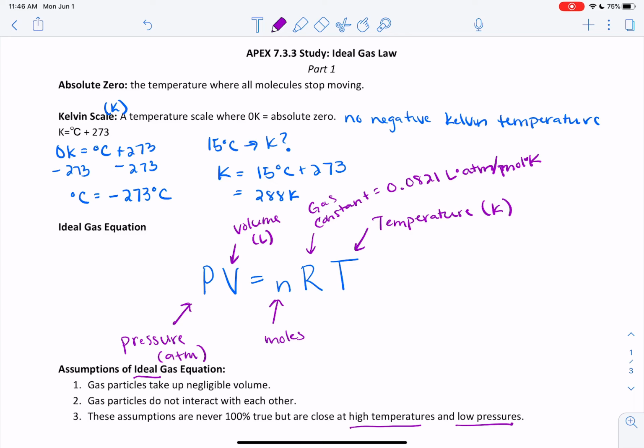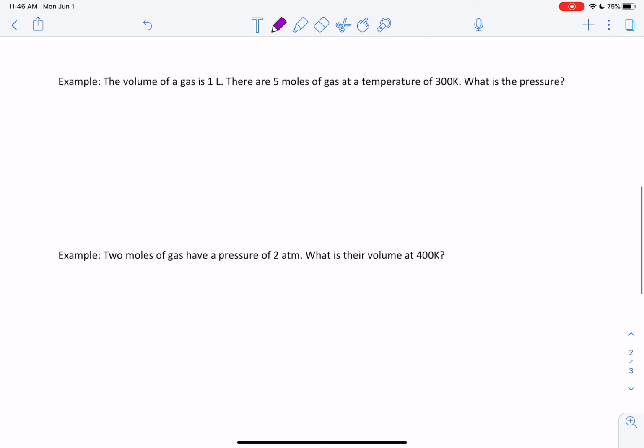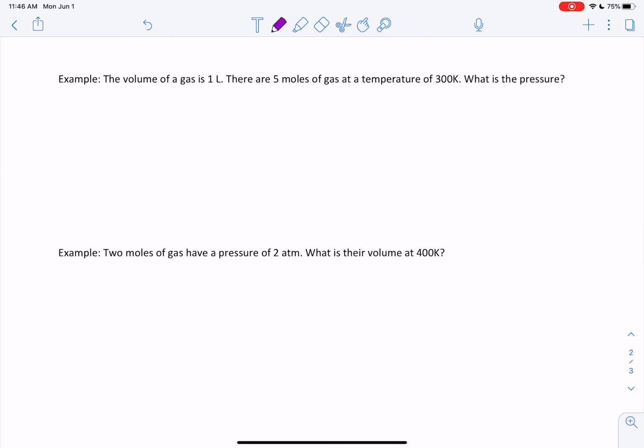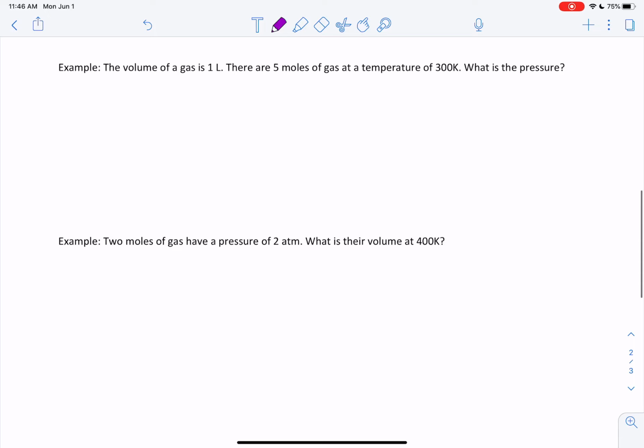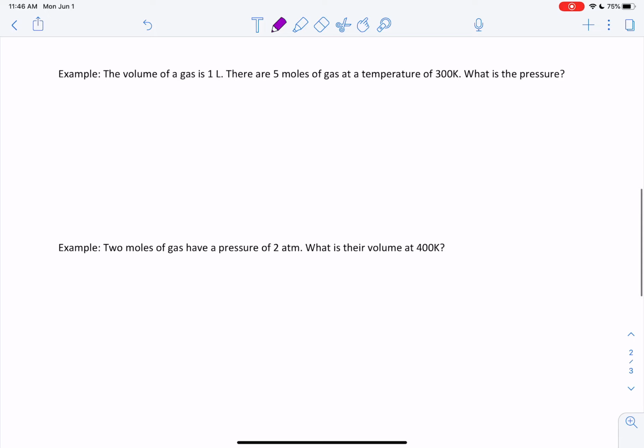Okay, so let's practice doing that. Let's say the volume of a gas is 1 liter, there are 5 moles of gas, and the temperature is 300 Kelvin. What is the pressure? So this is our volume, this is our moles, this is our temperature, and we're looking for pressure. Let's put in our equation, PV equals nRT.